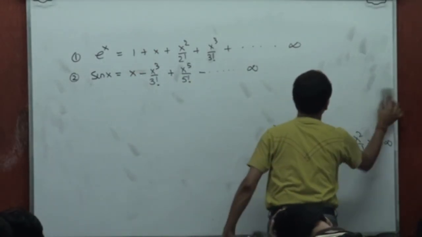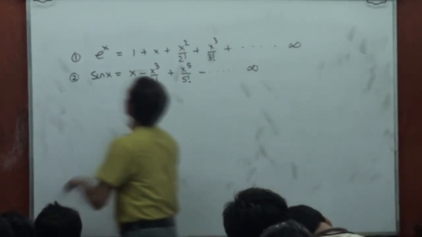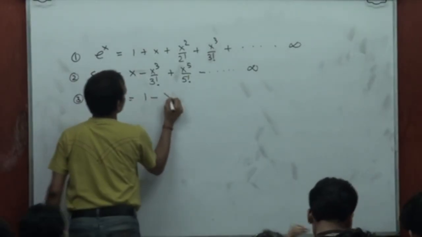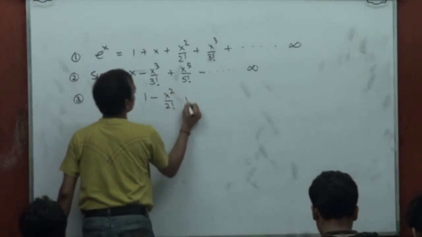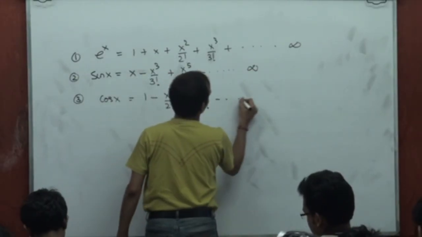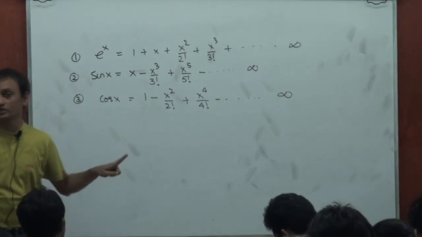Similarly, you have the series for cos x, which is 1 minus x square by 2 factorial plus x power 4 by 4 factorial up to infinity. Even powers of x would cause it to be an even function of x.